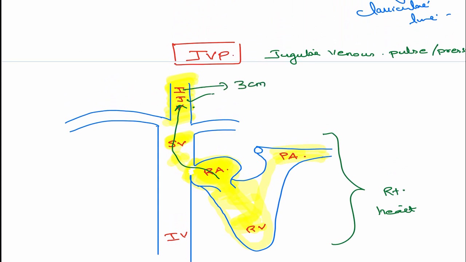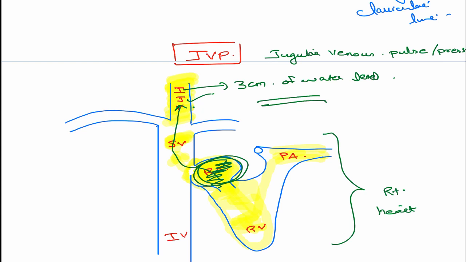It is 3 centimeters of water, which is the normal pressure within the internal jugular vein. So any variation from that is indicative of a pressure variation in the right atrium. That is, if it becomes 4, it means there is a pressure increase in the right atrium.